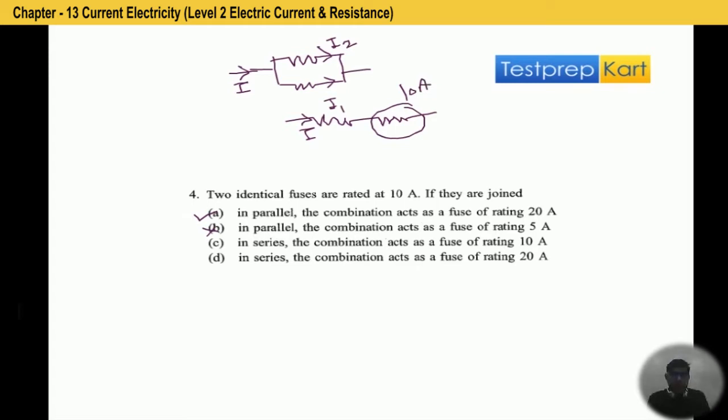So in series combination, it doesn't matter how many fuses are connected, the overall rating remains the same. So option C is correct. Option D, in series the combination acts as a fuse of rating 20, which is not right. So in this question, options A and C are correct.